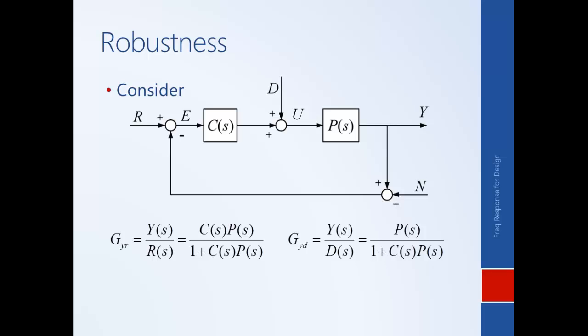Then if we look at an input of noise, and you look at the path from the noise to the output, the only thing that it includes is C and P, but you will also notice that this input passes through a summing junction with a negative sign.